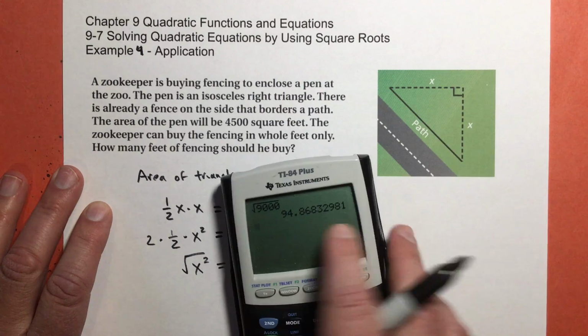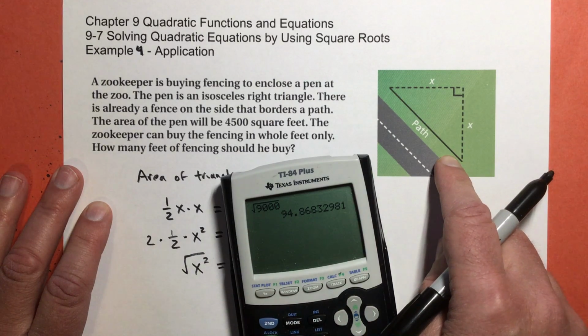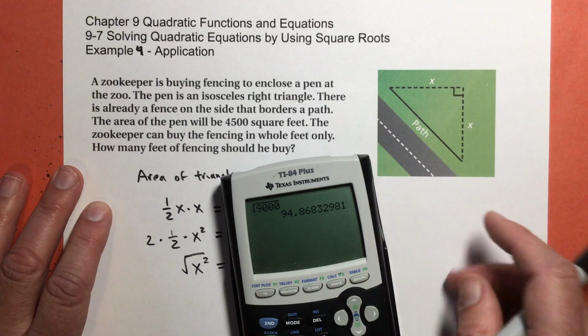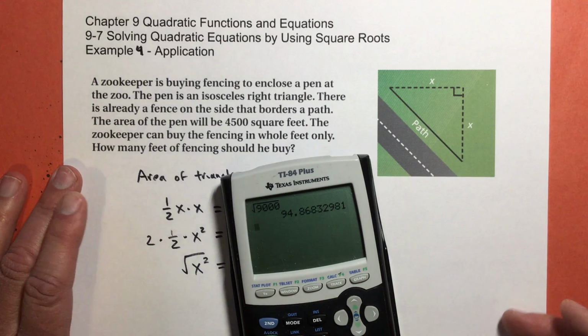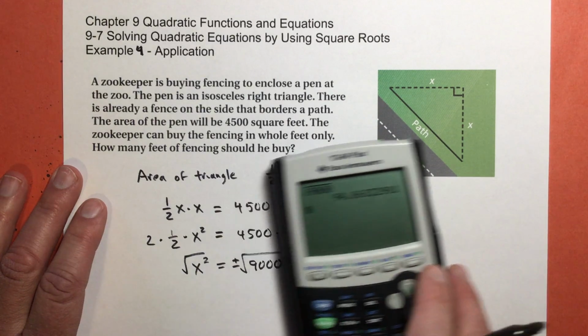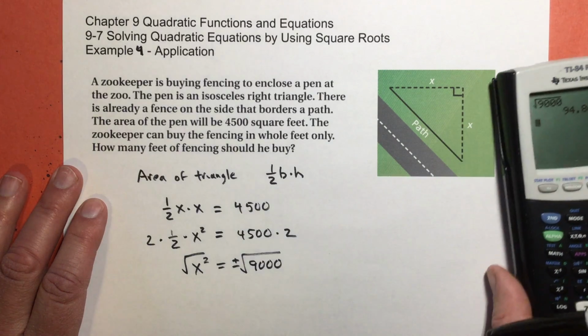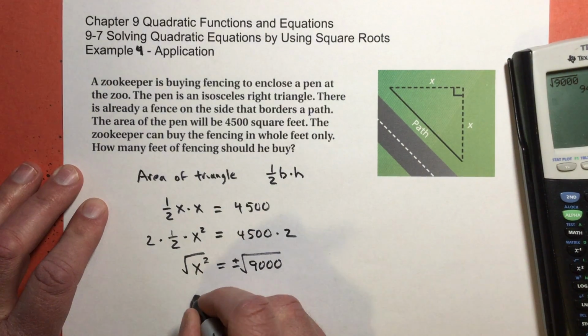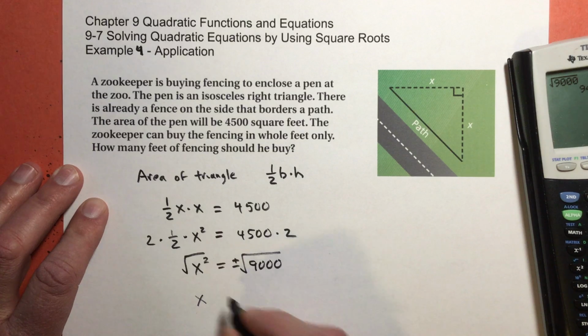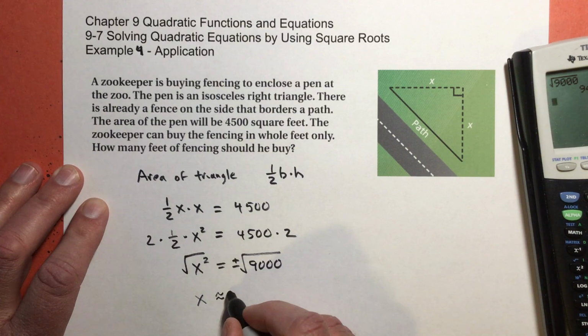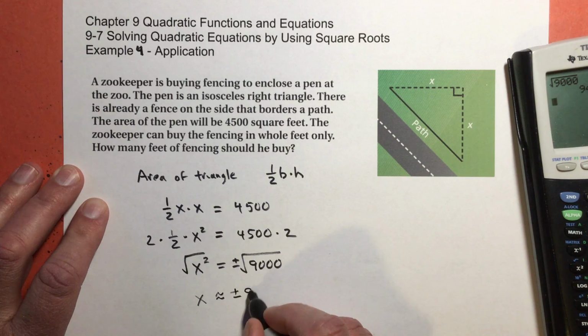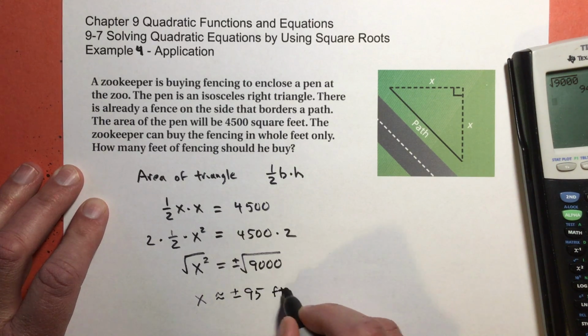And of course, if they really want it to be exactly 4,500 square feet, they're going to have to cut part of the fence. Probably what they'll do is use all of it and just give the critter a little bit extra room. But anyway, I get x, and I'm going to use these wavy equal lines again, is approximately plus or minus 95 feet.